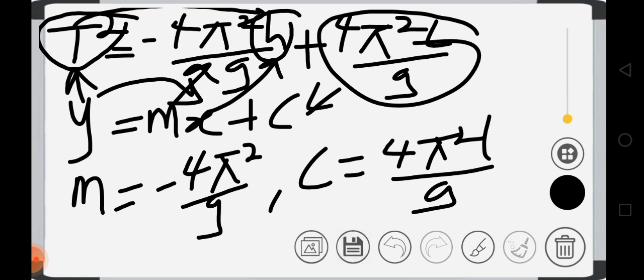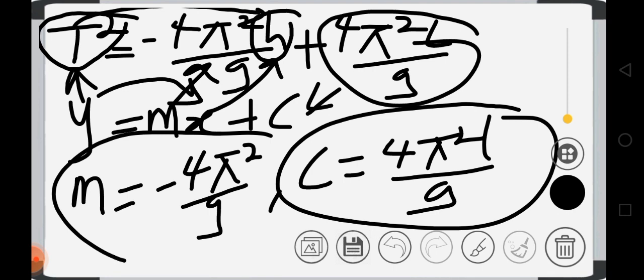That will be the intercept, while this is the slope of this graph. Then if they ask you what is the shape of the graph, the shape depends on what you are plotting. If you are plotting t square against h, the shape will be a straight line graph.